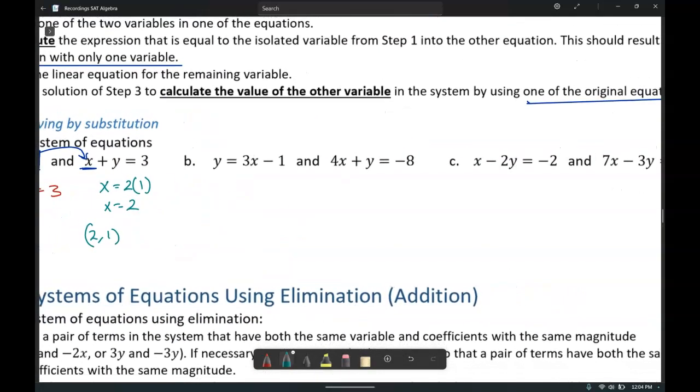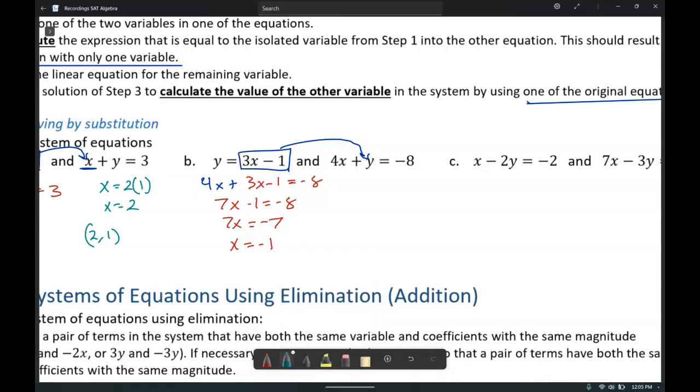Next, we have another one where the equation is already isolated for y, so we can substitute it in for the y value over here, giving us 4x plus 3x minus 1 equals -8. Combine like terms. We can add constants, divide coefficients, and then we substitute into an original equation.